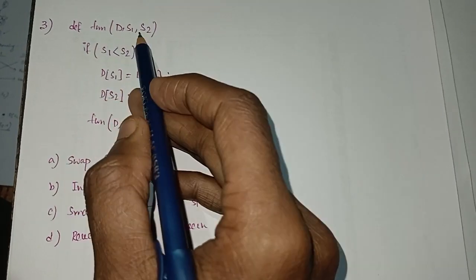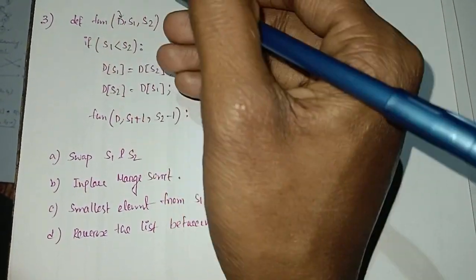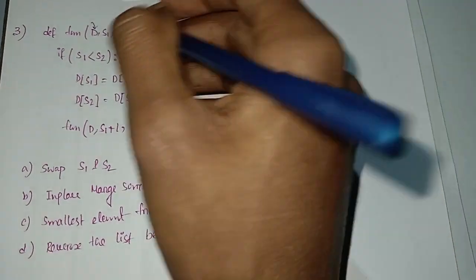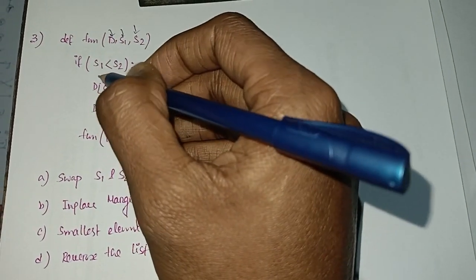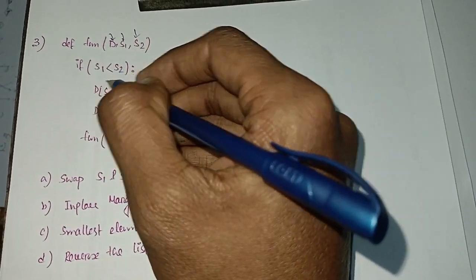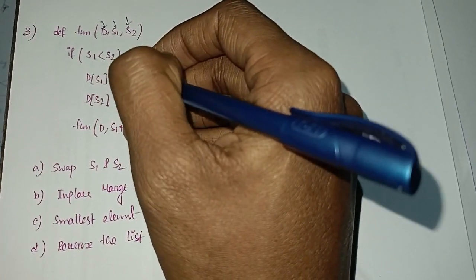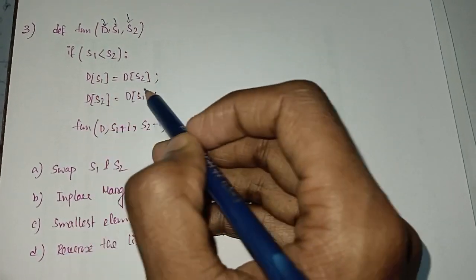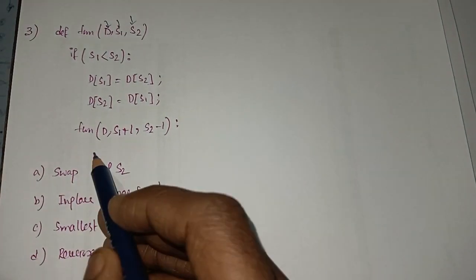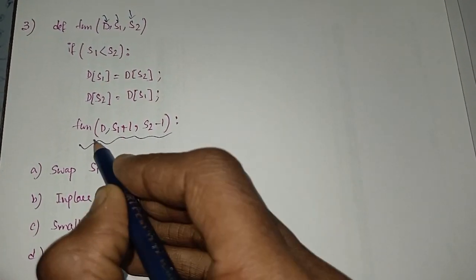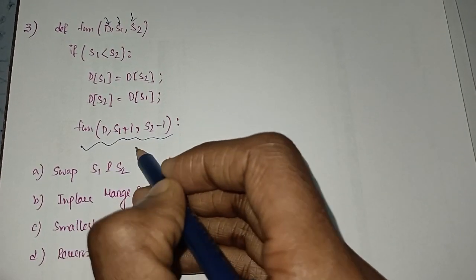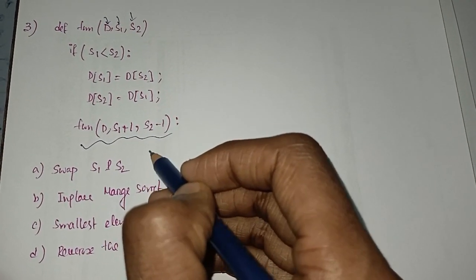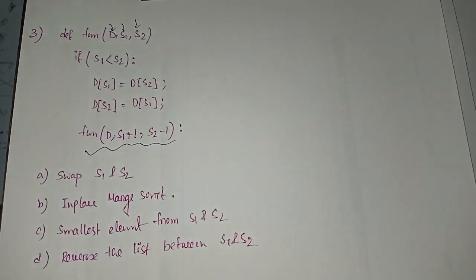This is a function which contains an array and two variables s1 and s2, and we have to check which is greater. If s1 is less than or equal to s2, we have to swap the values, and the function is called again. s1 plus 1 means we have to increment the s1 pointer, and we have to decrement the s2 pointer.